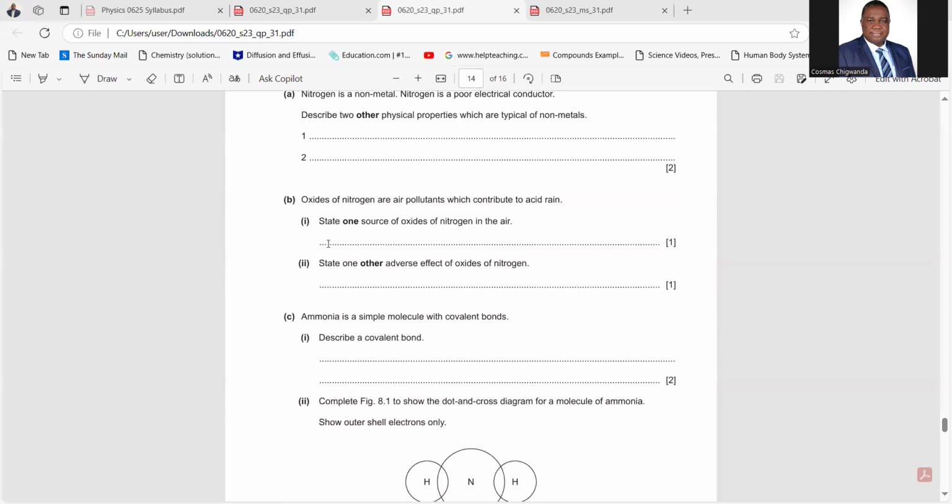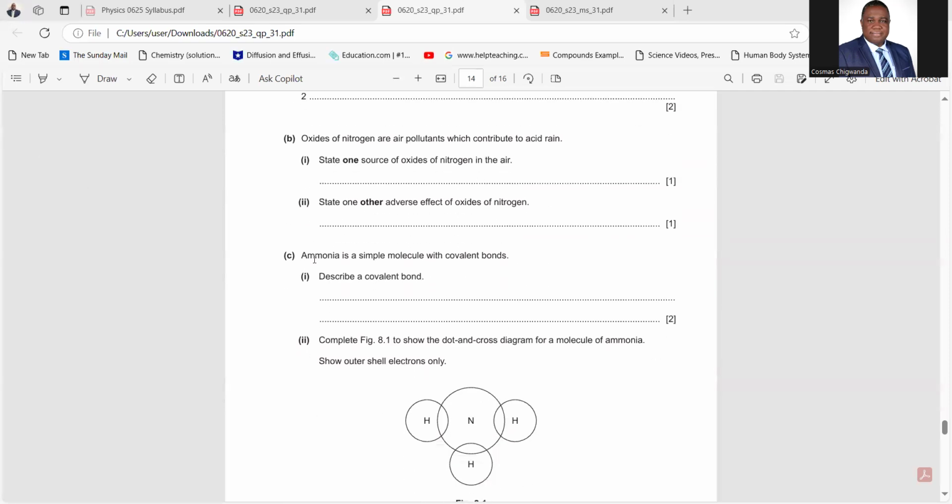We're going to go down to ammonia. Ammonia is a very simple covalent molecule with covalent bonds. Describe what is a covalent bond. The keywords, what the examiner is expecting here. What is a covalent bond? You need to mention that there's a pair of electrons. That's the keyword. First keyword, pair of electrons.